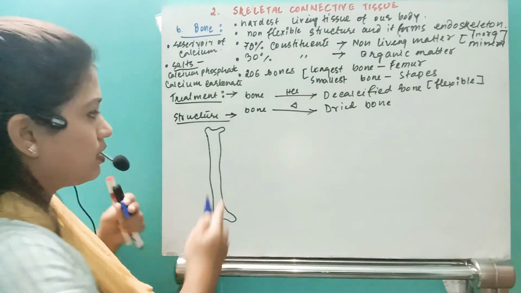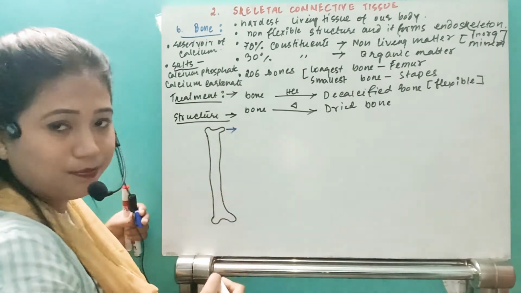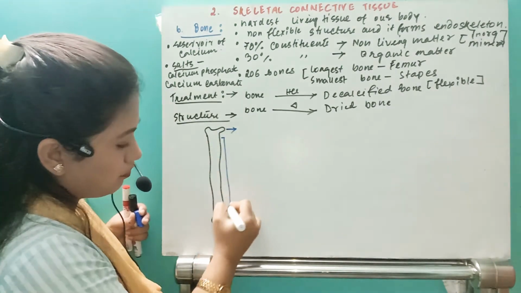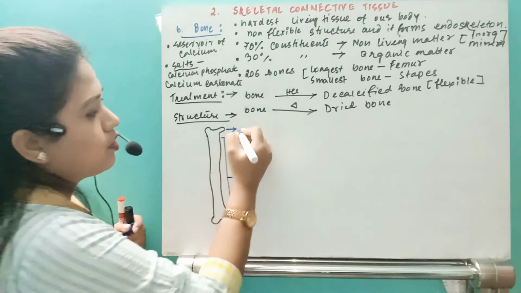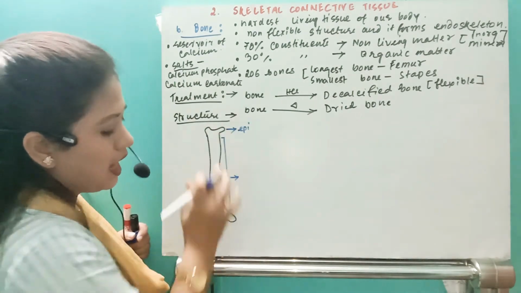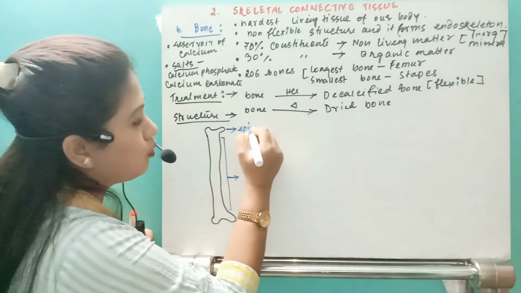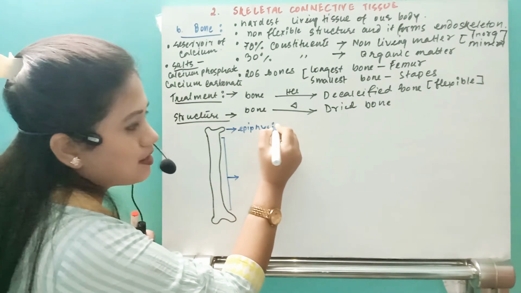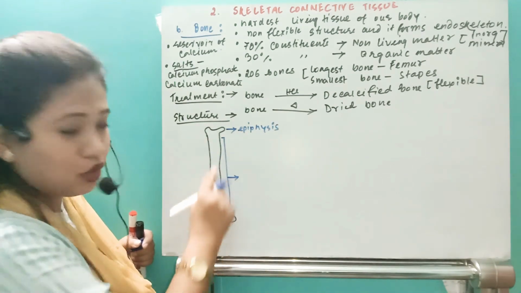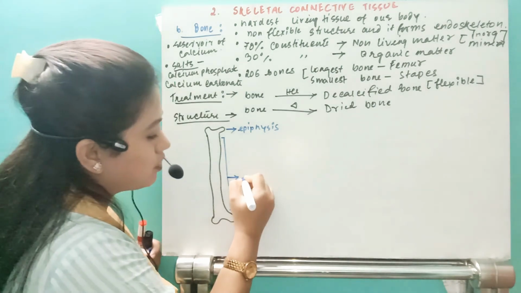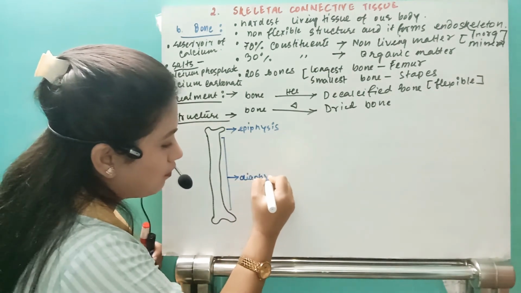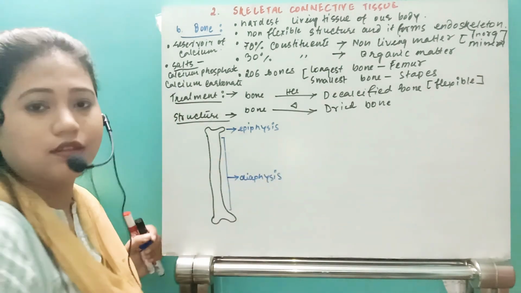This is the end part, and this is the long part. The ends, the heads, will be known as epiphysis, and this long part of the bone is known as diaphysis, right?